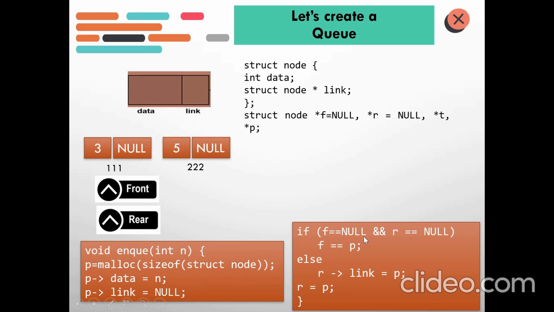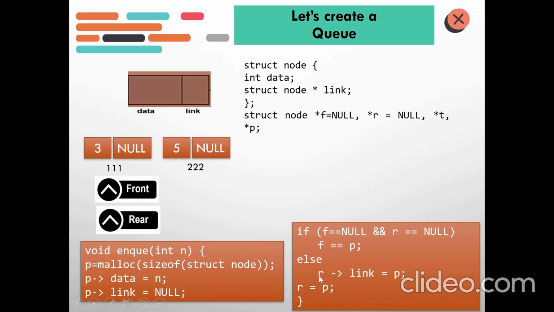If F is equal to null and R is equal to null, which would be false in this case, because both F as well as R now are pointing towards 111. So this time control would go to the else part. So we would be doing R pointer link, that means the link part of R. What is R?